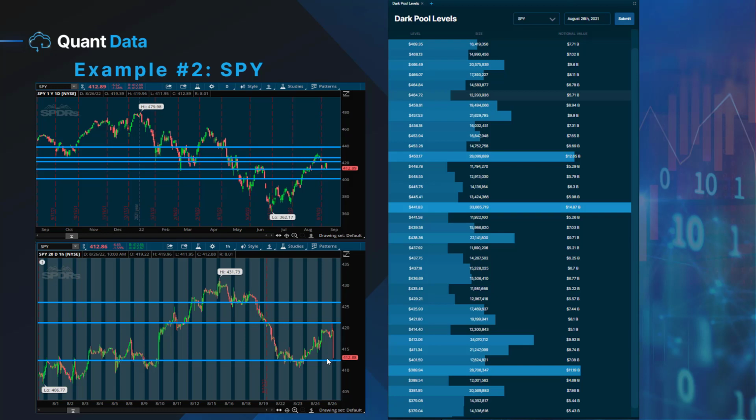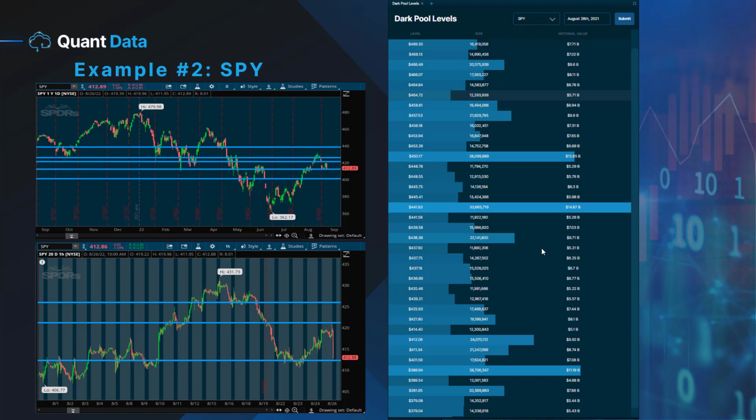These are actual price levels that have repeated activity and repeated notional value on them, and that's why they're so significant, because these levels are heavily traded levels, and the more volume these levels have, the stronger they become.